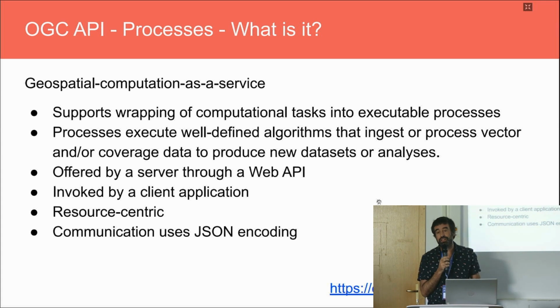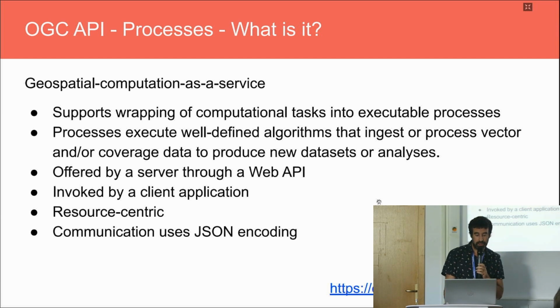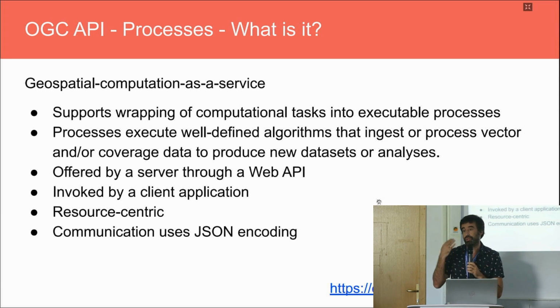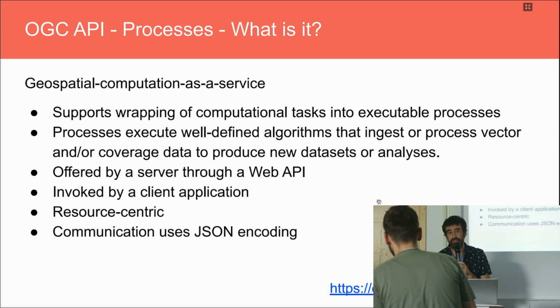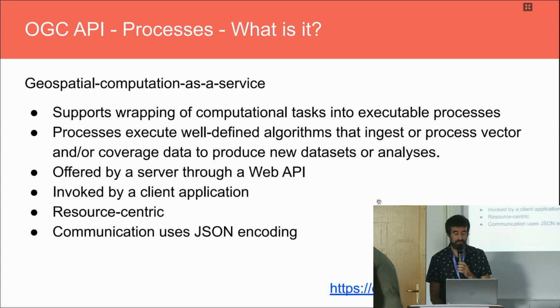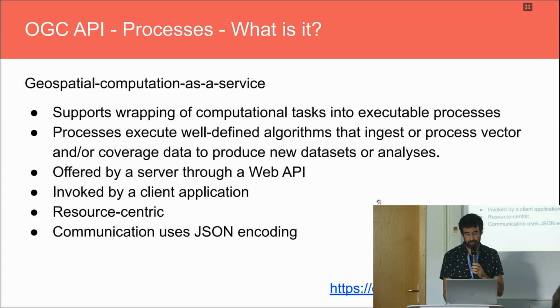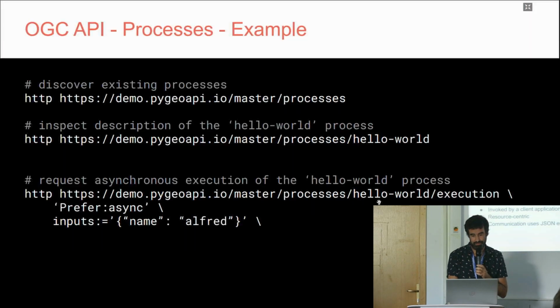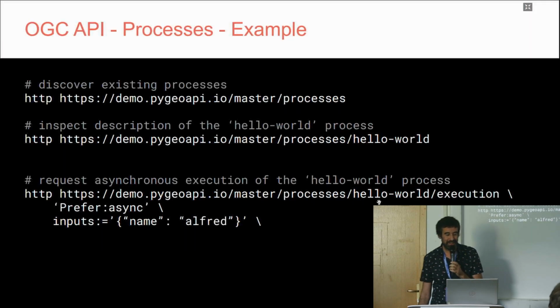They don't really need to have a geospatial context, but I guess that's the main purpose. They are resource-centric, meaning you can build modern APIs and clients on top of them, and hopefully they are easy to work with and easy to put on all the things.